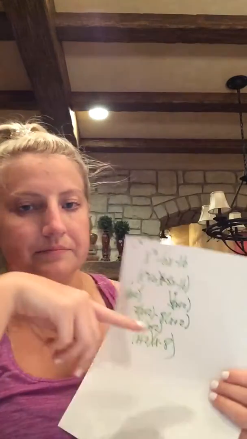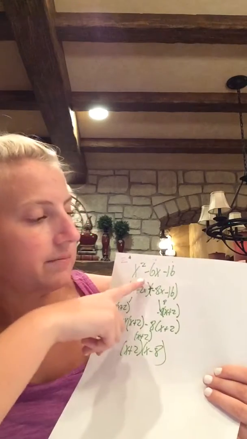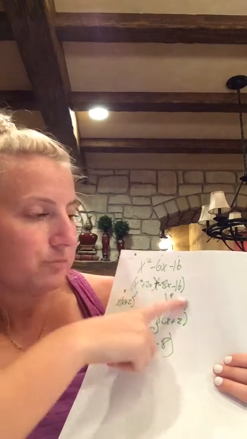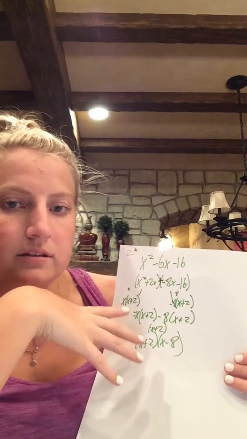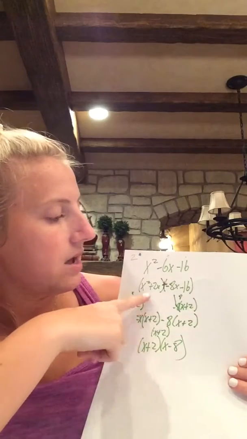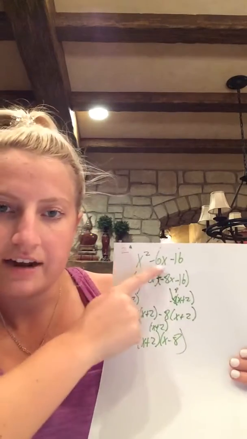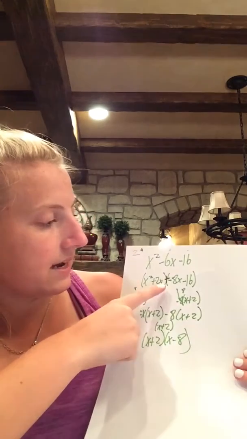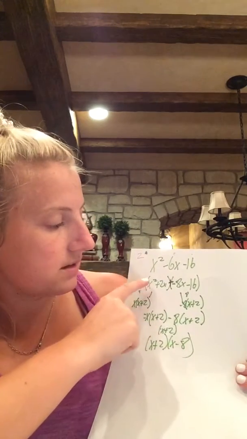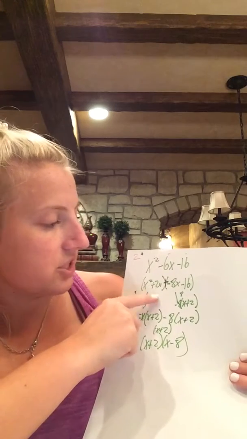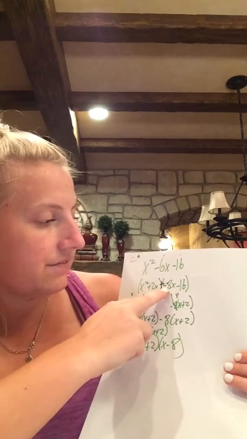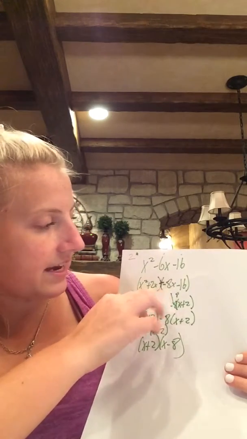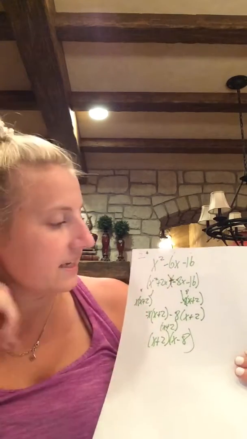For the second part, you have x squared minus 6x minus 16, and I used the grouping method to solve this. I used grouping because there wasn't a greatest common factor. So I said x squared plus 2x, I grouped that, and then negative 8x minus 16, because positive 2 and negative 8 equal the middle number, negative 6.